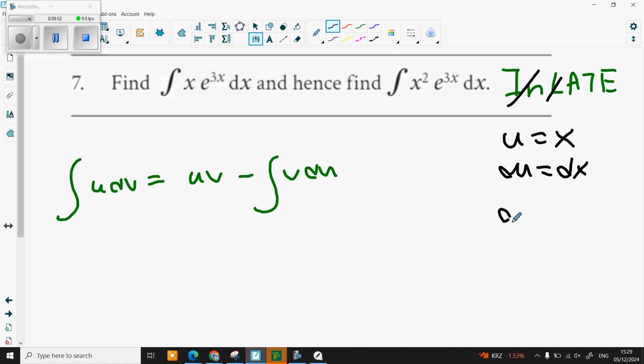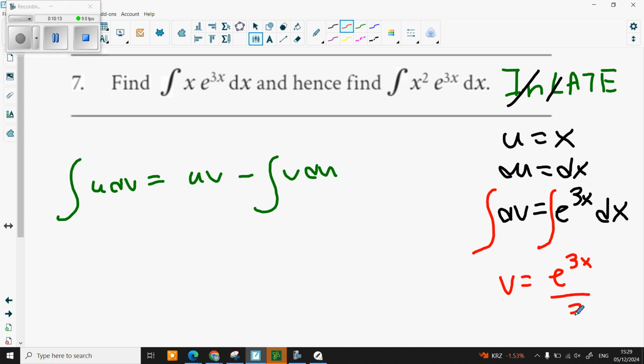And then it means that dv is e to the 3x dx. You cool with that? And then what else does that mean? When we integrate, v equals e to the 3x all over 3. Okay, happy with that?